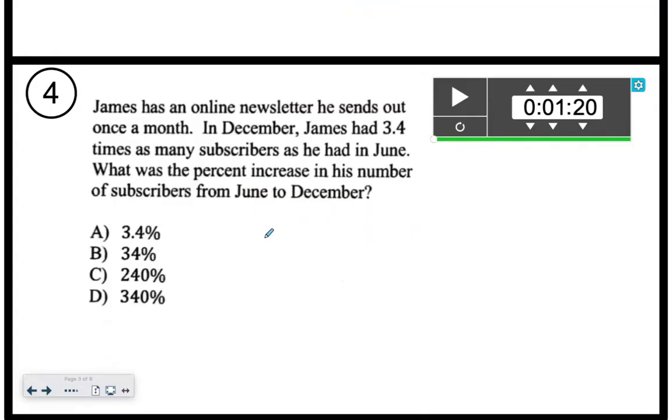Okay, here's a really important thing. What we did before was we converted it to a decimal and we added it to 1 for percent increase. Now we have to work backwards. So we subtract 1, and that gives us 2.4. And then to convert from decimal form back to percentage form, you multiply by 100.